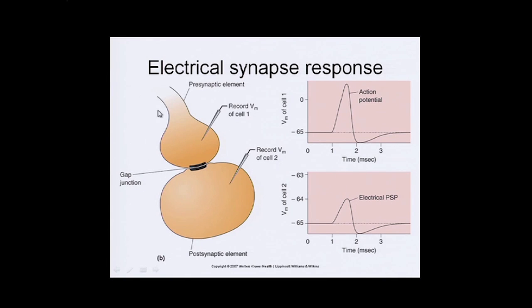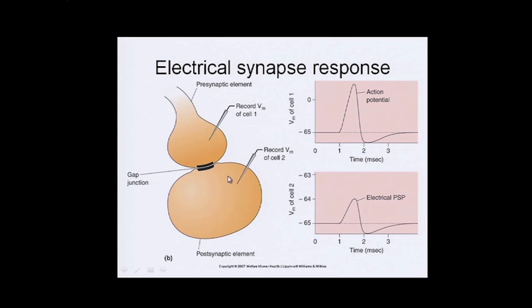So you have your presynaptic cell coming in, you have a gap junction, and you have what you're synapsing onto. If you record from where the action potential is coming from and where you're sending your signal, in the first cell you have the standard action potential shape, looking over the appropriate time period, and you have a voltage change.